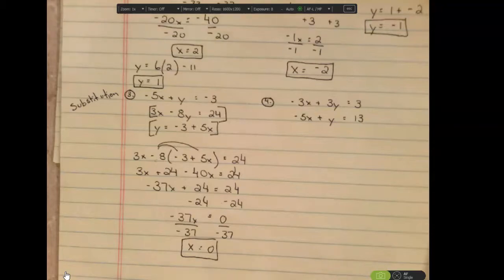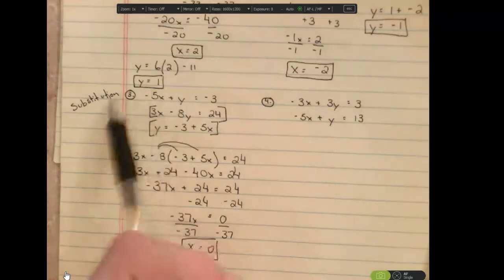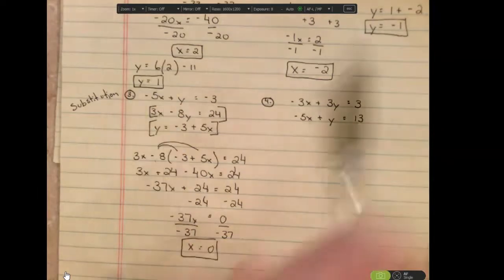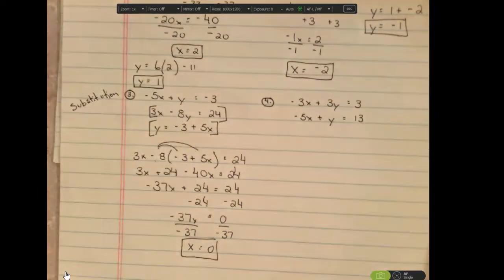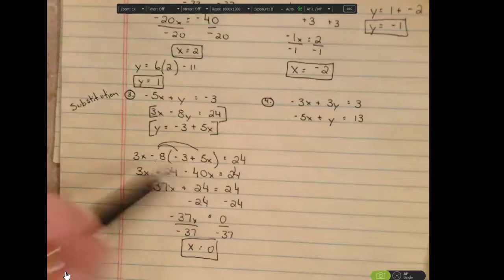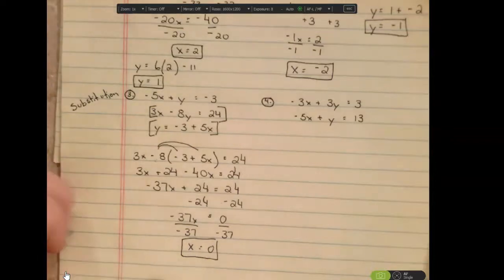Final step. I need to find y. That's why I think, again, it's a good idea to circle your answers. Because notice, on number 1, I've got 2 things circled. Number 2, I've got 2 things circled. And on number 3, I've got 1 thing circled, so I need to find my other thing. So let's plug x back into one of these equations. Again, it doesn't matter which one. I'm going to take this last one.